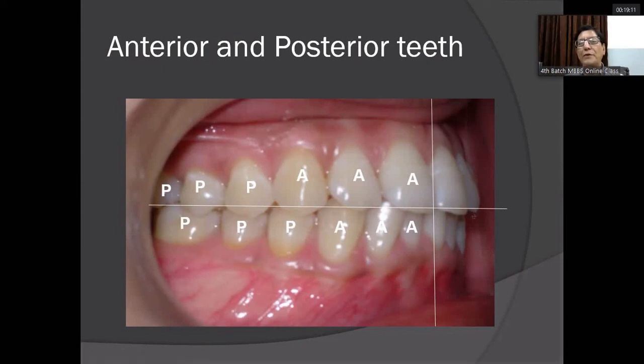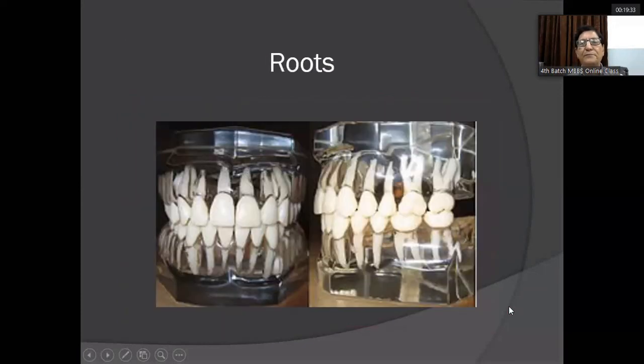So they can be grouped into two groups: anterior teeth and posterior teeth. Sometimes you can say, this guy needs filling of the anterior teeth, he has a cavity in the anterior teeth, from canine to canine. So central, lateral, canine, and then premolars and molars are all posterior teeth.